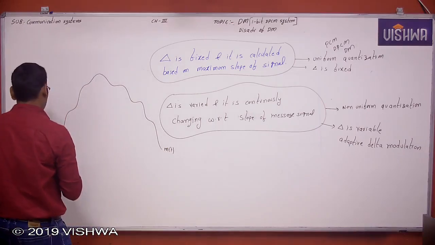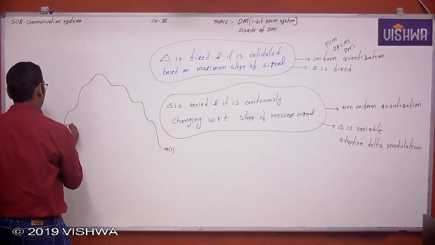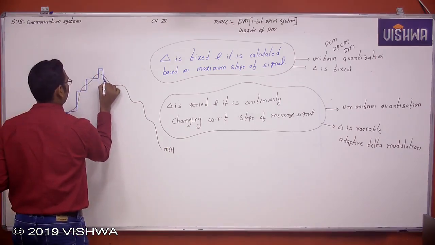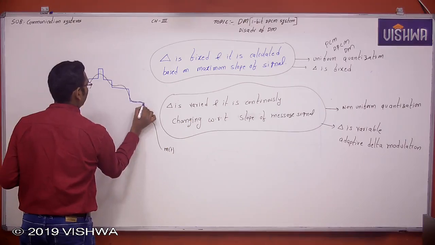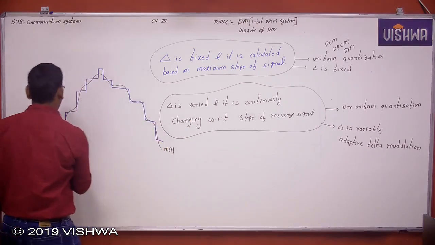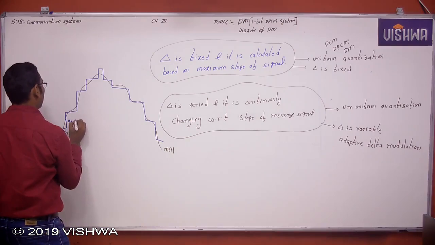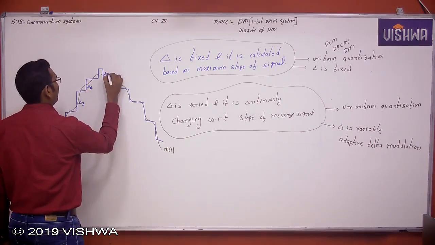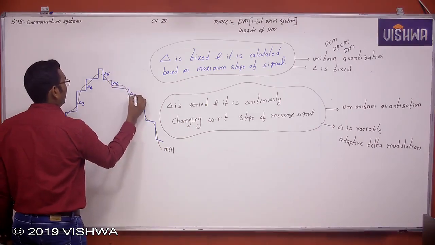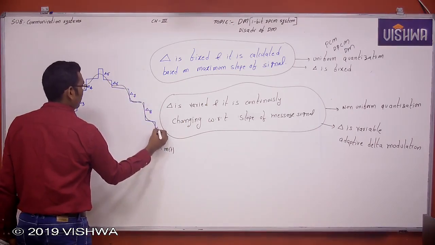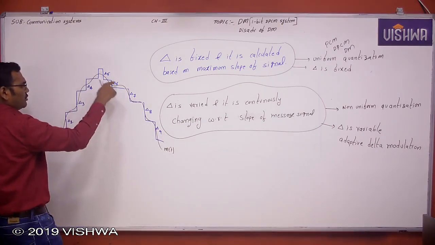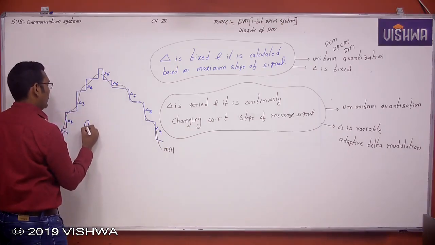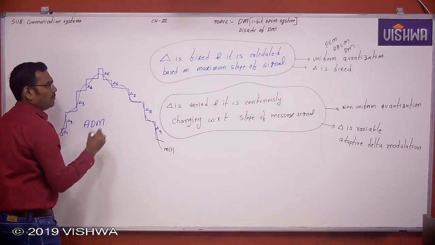So here the step size is changed. Now this is delta 1, delta 2, delta 3, delta 4, delta 5, delta 6, delta 7, delta 8, delta 9. Where the message signal slope is changing, the step size is also continuously changing. This is called adaptive delta modulation.